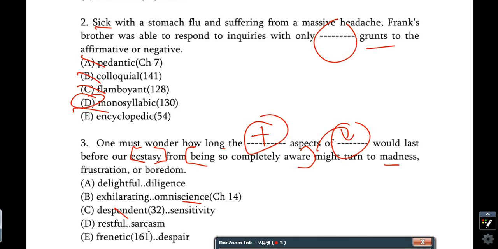Despondent, that's not positive, it means sad. And restful aspects, but restful is not ecstasy. Frenetic is passionate, but you couldn't have the frenetic aspects of despair, the excited aspects of sadness, so that doesn't work. So is it delightful aspects of diligence or exhilarating aspects of omniscience? Well, it's completely aware, which is the definition of omniscience, so diligence isn't strong enough.